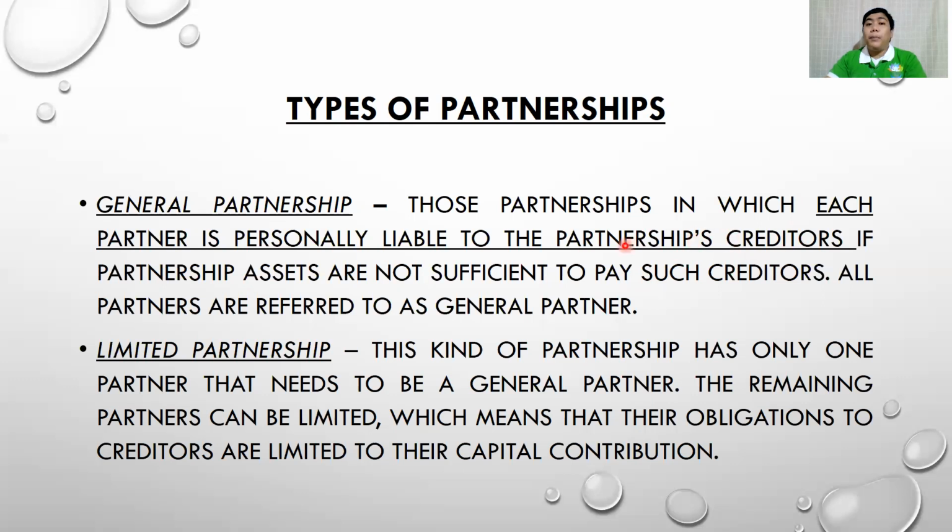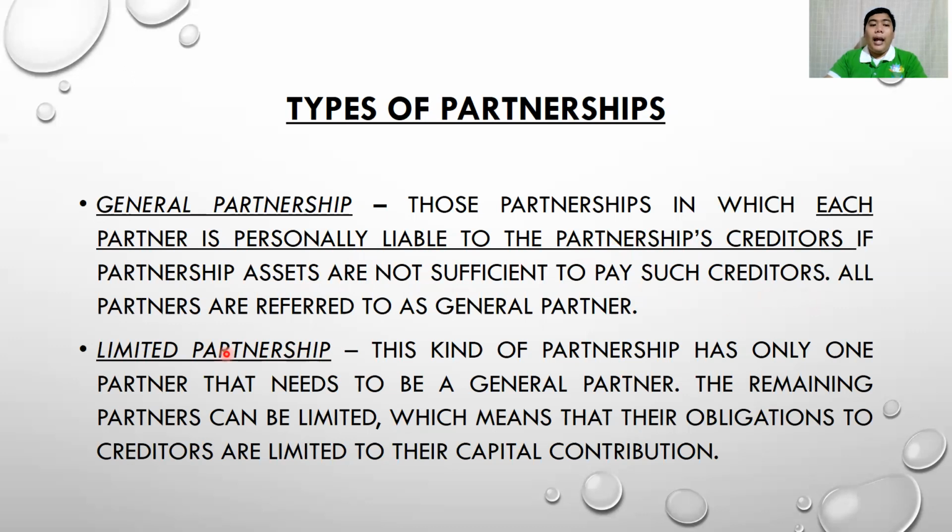So all of its properties, even all of its personal properties, are considered part of and liable to the partnership's creditors in times na hindi mababayaran ni partnership yung creditors nila, if partnership assets are not sufficient to pay such creditors. Okay? So all partners are referred to as general partners.